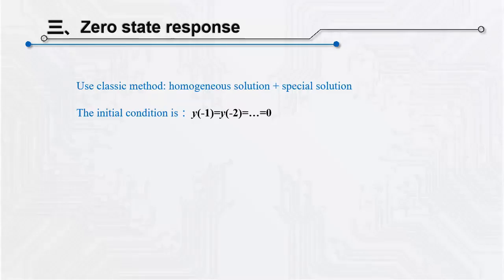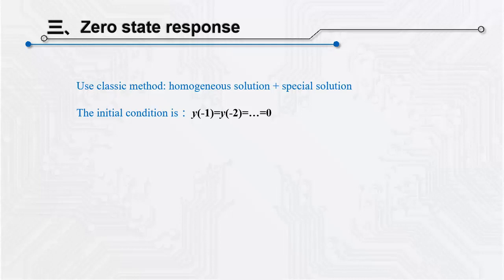Now let's look at the solution to the zero state response. When we solve the zero state response, it is equivalent to the initial condition being zero, a response caused simply by the external stimulus. The difference equation is in the form of a non-homogeneous difference equation.